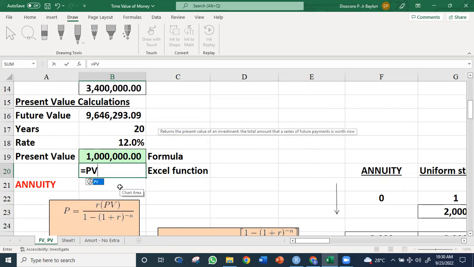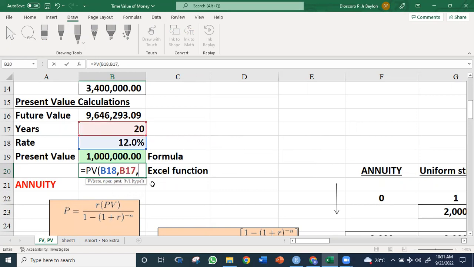So PV, open parenthesis, the rate is 12%, comma, NPER is 20, number of periods, comma, PMT ignore because this is not an annuity, comma, future value is 9646293, comma, again the type ignore because this is for annuities.